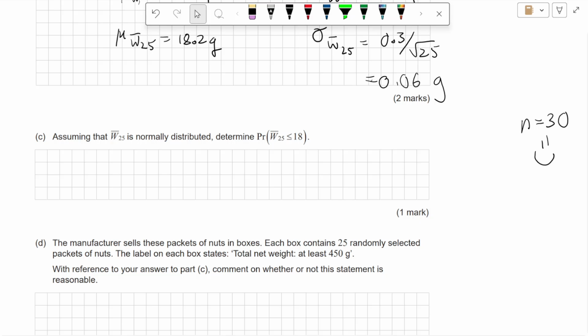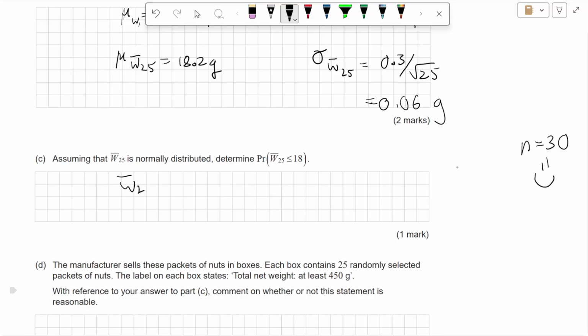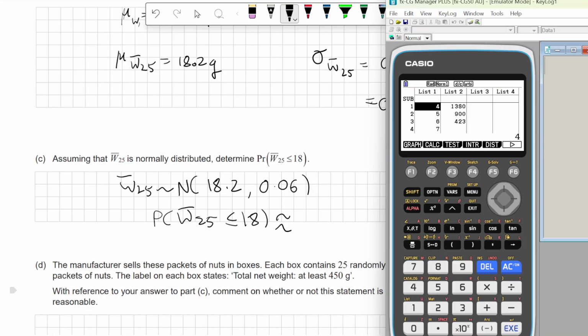Okay, assuming this is normally distributed, calculate that. So W bar 25 is distributed normally, 18.2 is the mean and 0.06 is the standard deviation. Probability that W bar 25 is less than 18 roughly equals, okay, menu, stats, dist, norm, NCD.